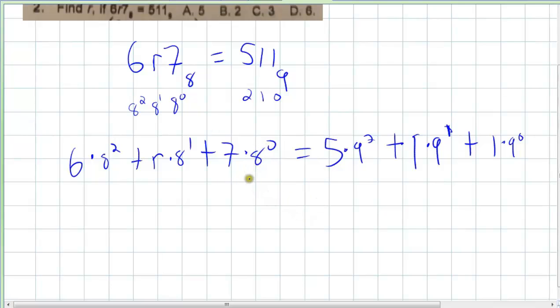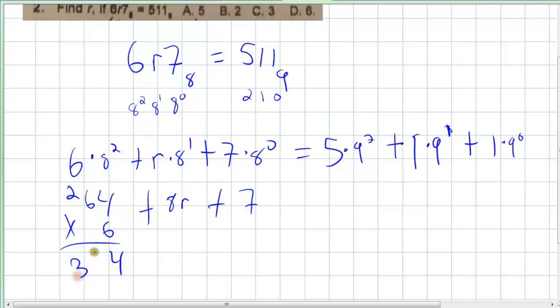So to start simplifying, I'm going to say that this is the same as 7 times 1, or just 7. 8 to the first power is just 8, so this is going to be 8R. And then over here we're going to have to do 64, because 8 squared is 64, times 6. It's not that bad of a calculation, so we get 24 here, and then it's going to be 384. Okay, so we have 384 plus 8R plus 7 on this side.